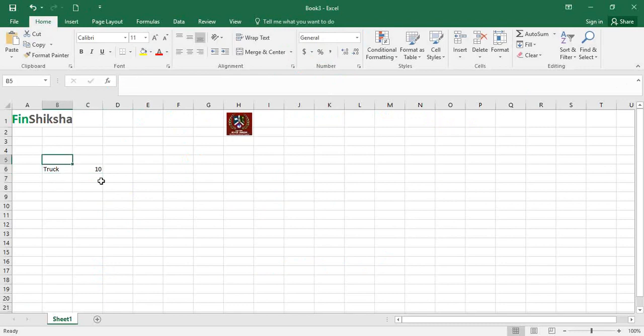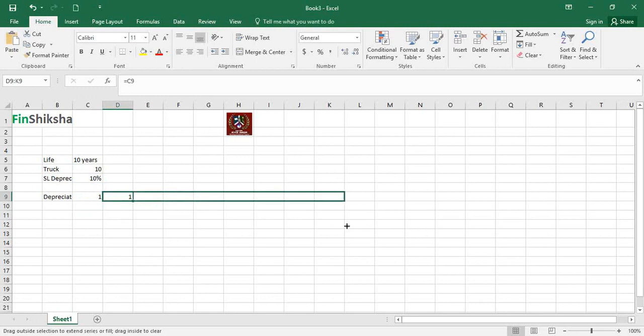If I say that the life of the truck is 10 years, then straight line depreciation is going to be 10%, which means if I were to record the depreciation value, that's going to be 10% of 10. And then each of the years, it is going to be the same value, right?